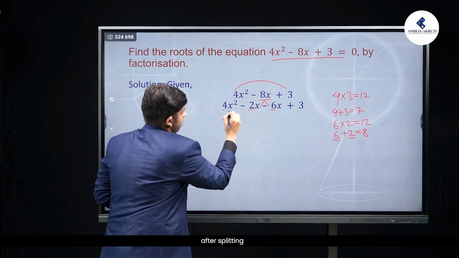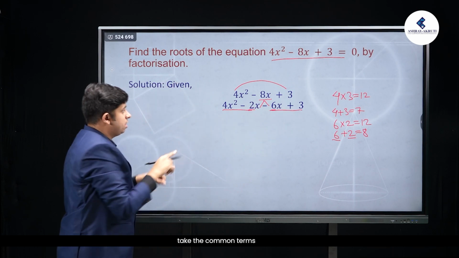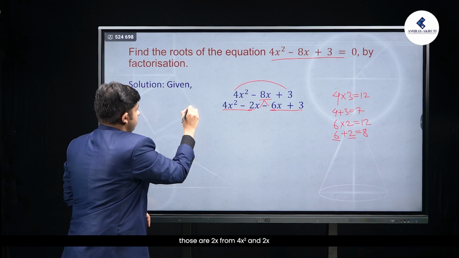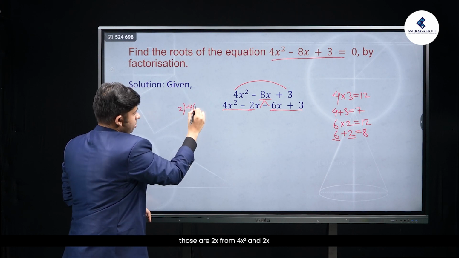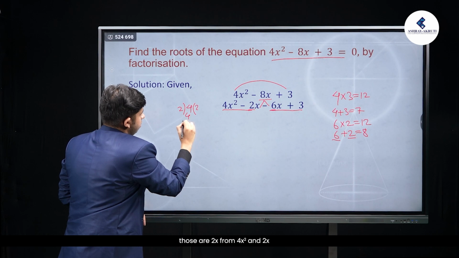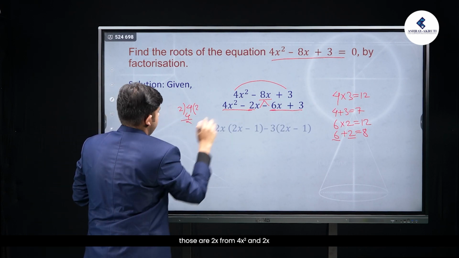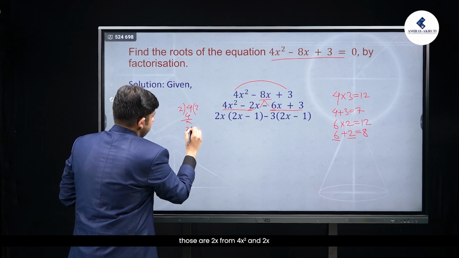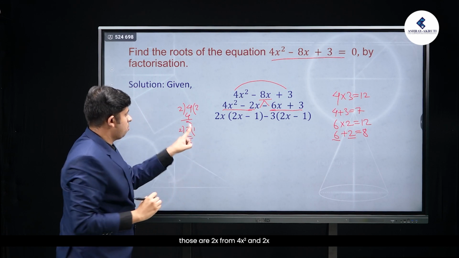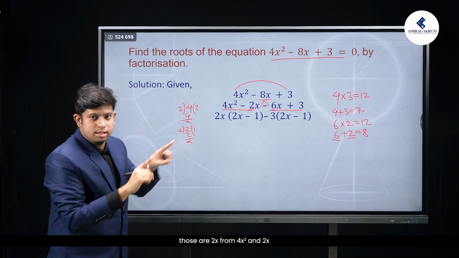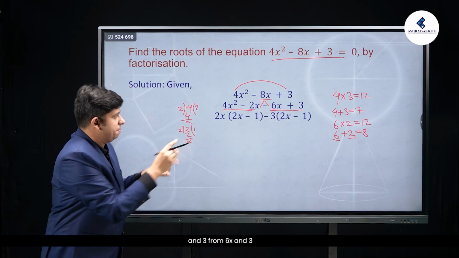After splitting, now from the equation, take the common terms. Those are 2x from 4x square and 2x, and 3 from 6x and 3.